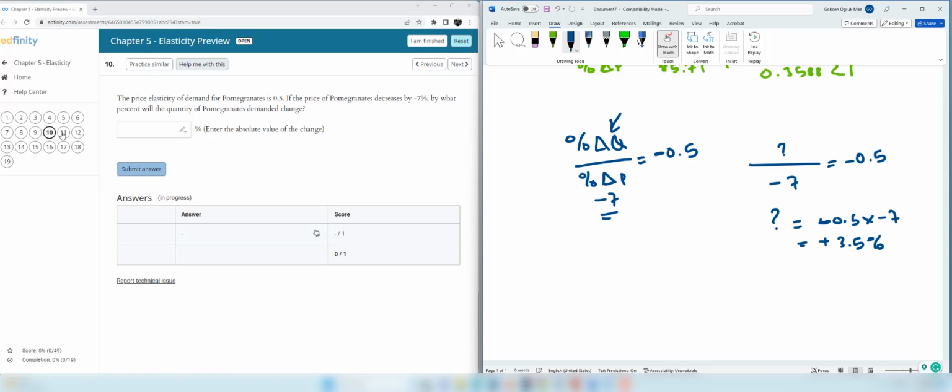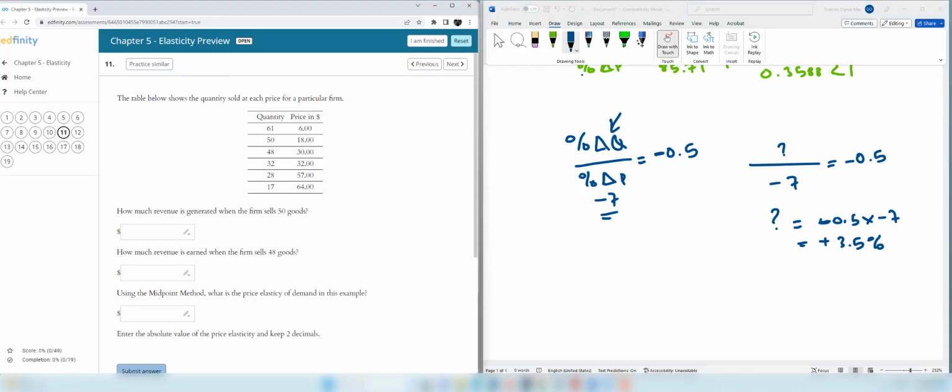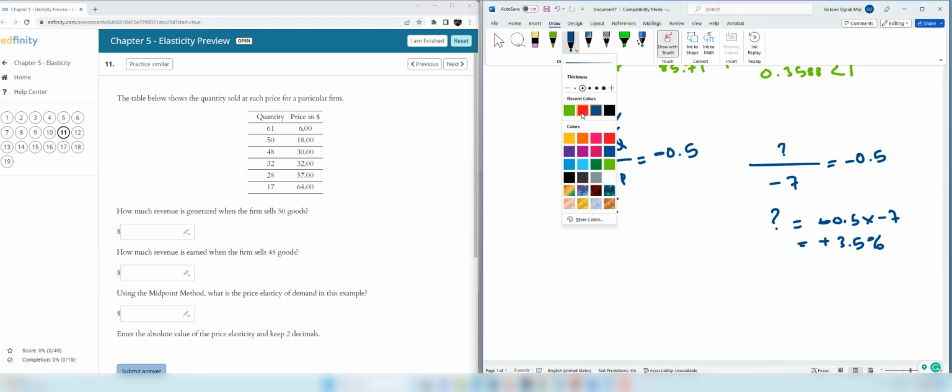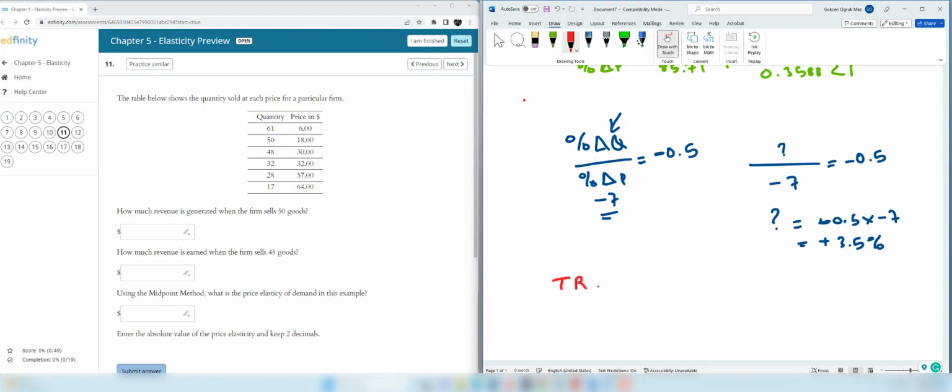Let's look at question number 11. So here in this question, you are going to analyze the relation between revenue and elasticity. So it's not that complicated. Just remember, total revenue is price times quantity. And for a business, you need to find out whether you need to decrease the price to increase the revenue or increase the price to increase the revenue.